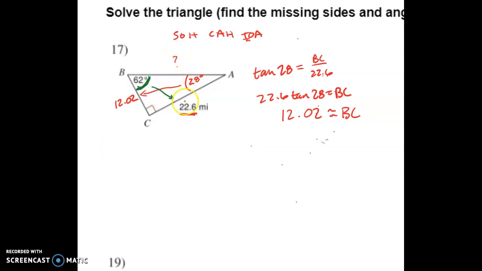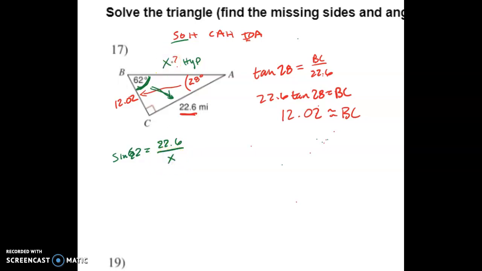So opposite is the sine function, which relates the opposite to the hypotenuse. So we've got sine of 62 equals 22.6 over the hypotenuse. Here's my x.